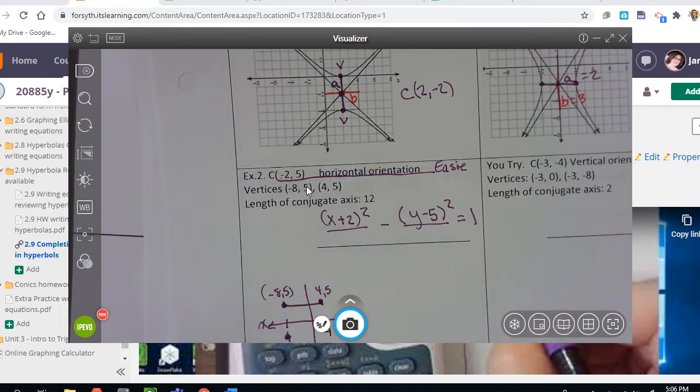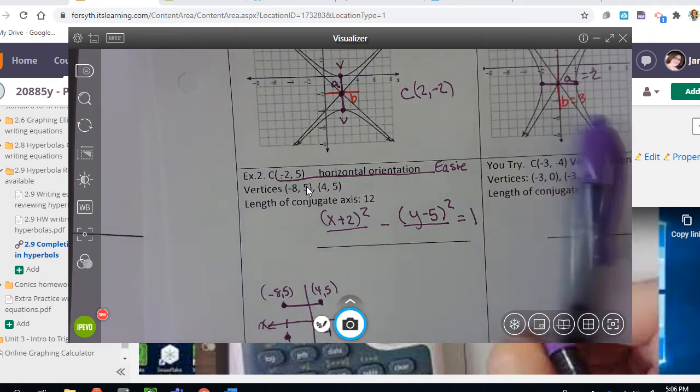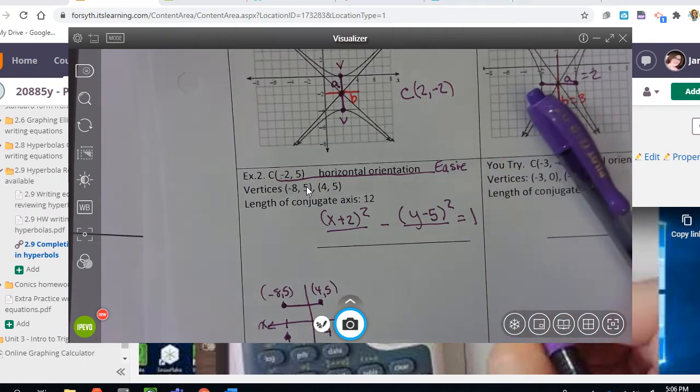See how it's parallel to my x-axis? Okay, so this is from negative 8 to positive 4. So that distance from 8 to 0 is 8 plus 4 more is 12. This whole thing is 12 units long.